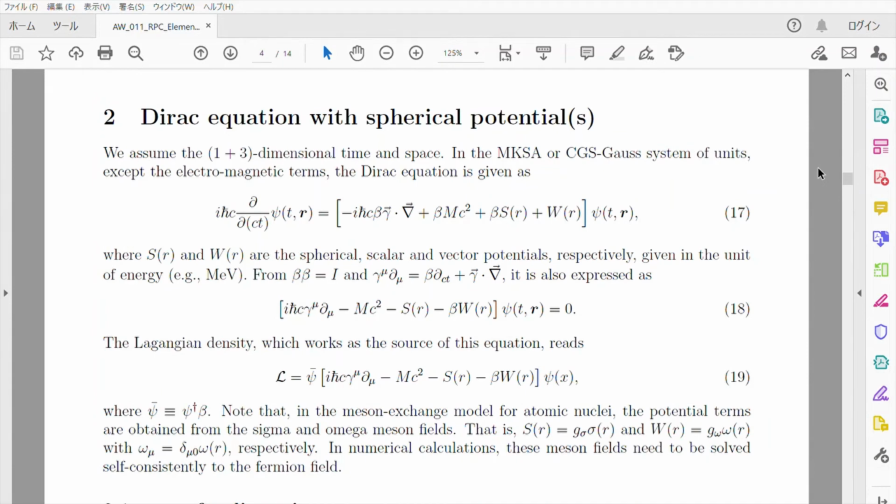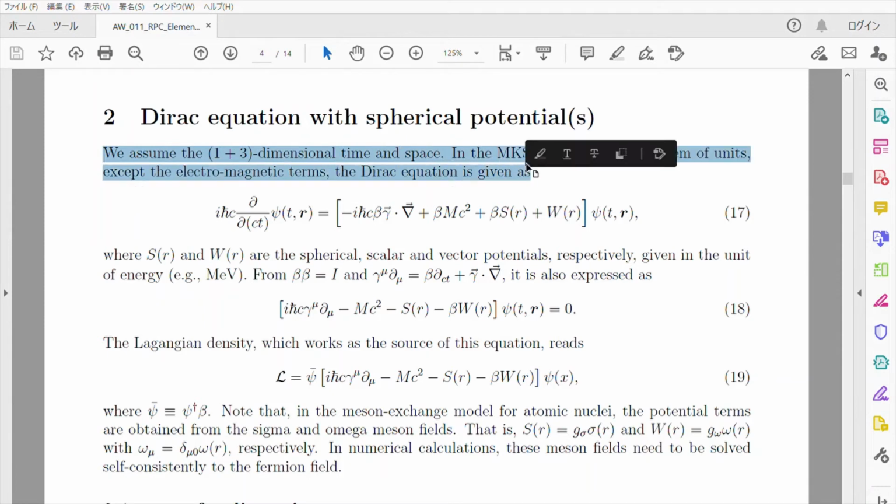Alright, now I start my main part, that is the Dirac equation with spherical potentials. So we assume 1 plus 3 dimensional time and space. In the MKSA or CGS Gauss system of units, the Dirac equation is given as this equation 17, which includes the scalar potential S(r) and the vector potential W(r).